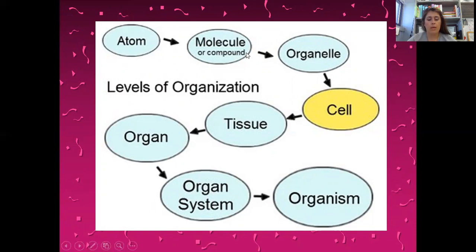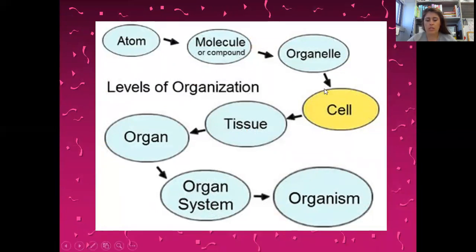A molecule would be H2O or water, or even carbon dioxide, CO2. An organelle, you can do any of the organelles we talked about, mitochondria, nucleus, chloroplast. Then we have a cell, animal cell, plant cell, prokaryote cell.